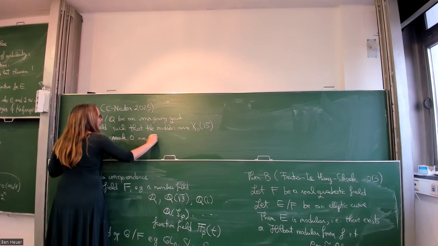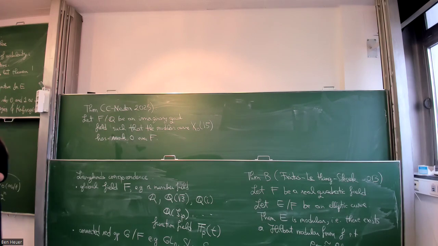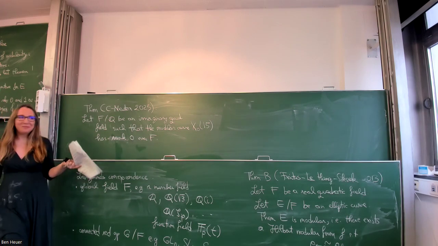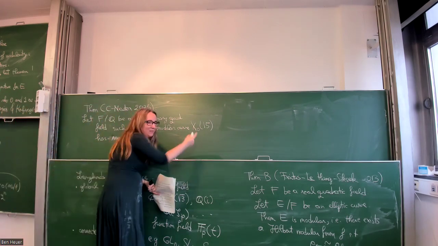We were just wondering, does it have genus 0? No, so this is an elliptic curve. This is genus 1.